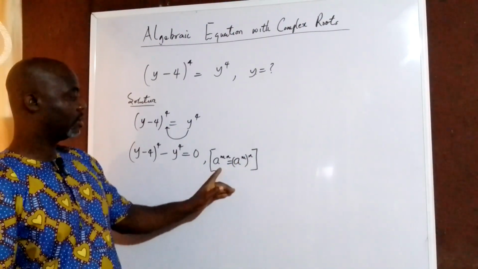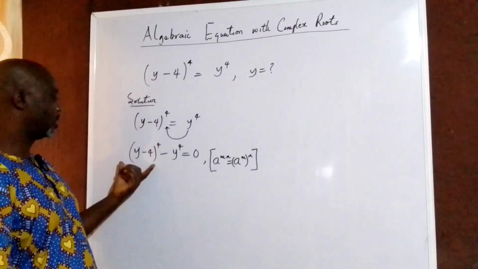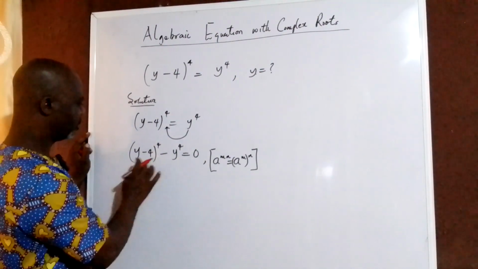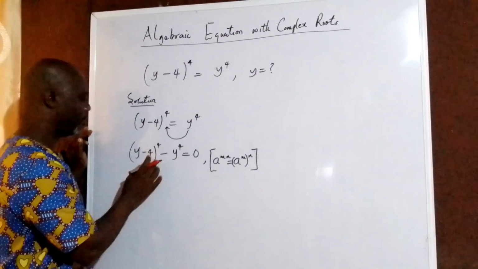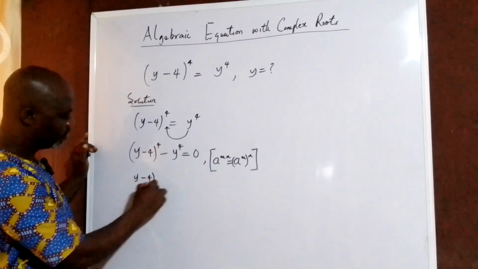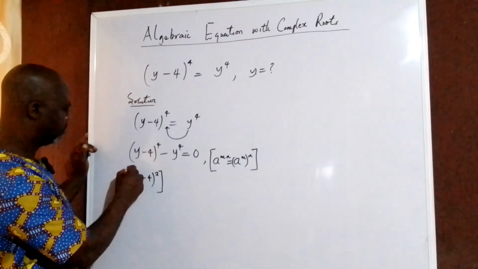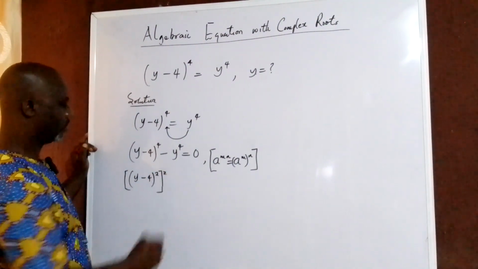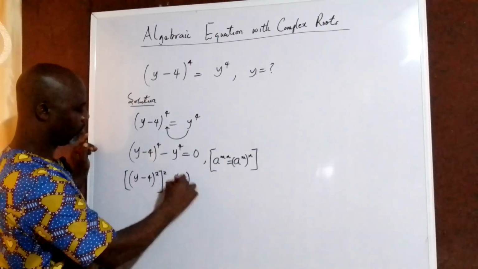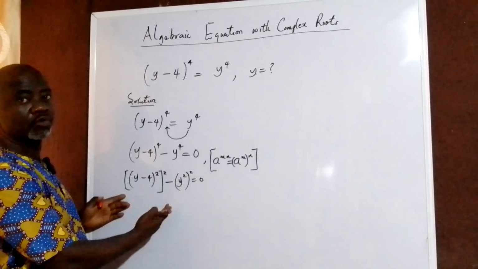This rule of indices is going to be applicable to both terms of the equation. So we have here, I'm going to split this to become ((y minus 4) to the power of 2) all to the power of 2, then of course I have (y to the power of 2) all raised to the power of 2 equal to 0. So this now becomes a difference of 2 squares.